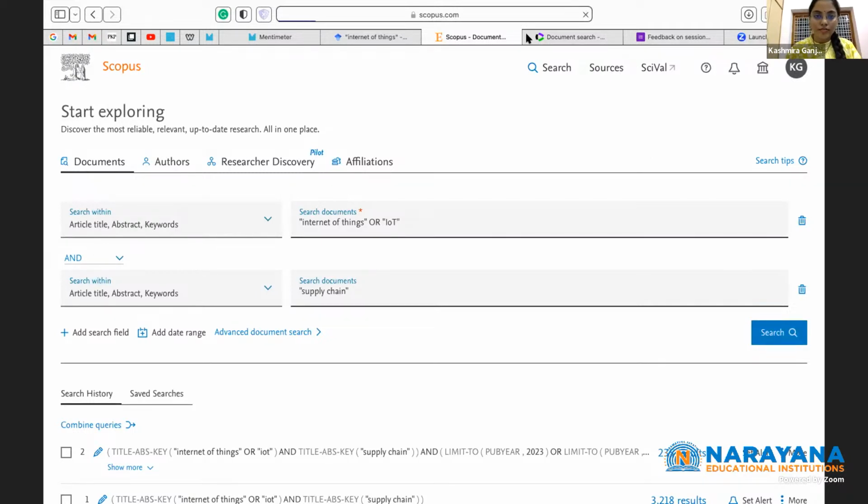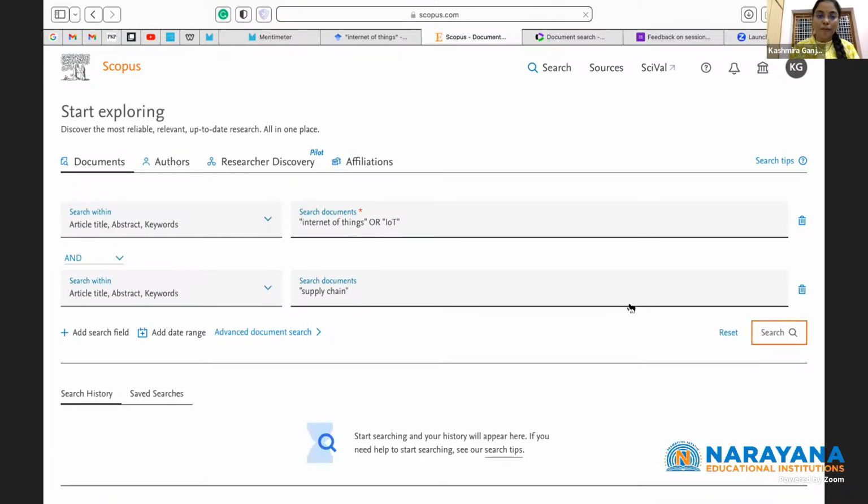Just a second, it's loading. So this is one way of retrieving your research papers using the search criteria. You can choose any search field based on your research topic.